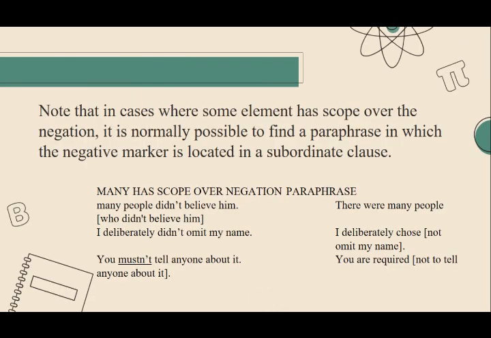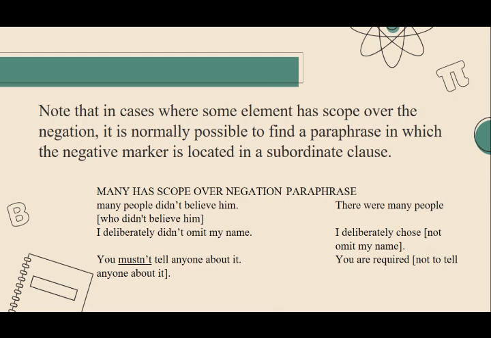Note that in cases where some element has scope over the negation, it's normally possible to find a paraphrase in which the negative marker is located in a subordinate clause. For example, where many has scope over negation, Many people didn't believe him, we can paraphrase it: There were many people who didn't believe him.